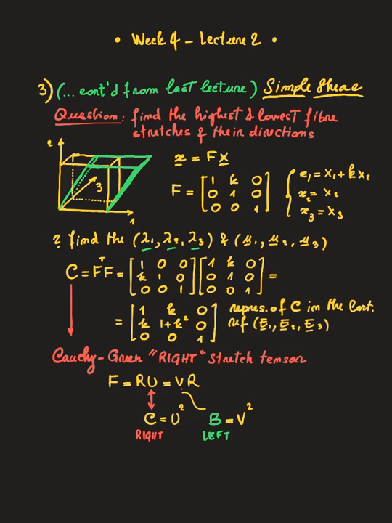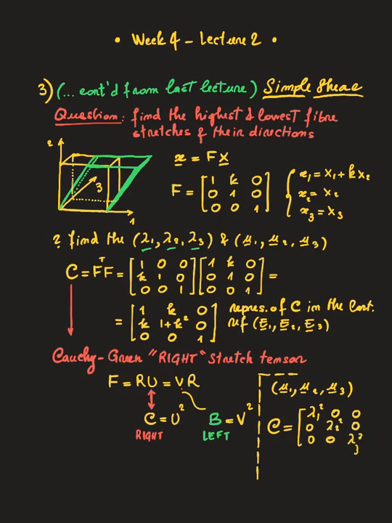We know that when we represent the Cauchy-Green right stretch tensor not in the Cartesian reference, but instead in the reference U1, U2, U3, then in this reference C appears in a diagonal form: lambda 1 squared, its eigenvalue, lambda 2 squared, lambda 3 squared, okay?